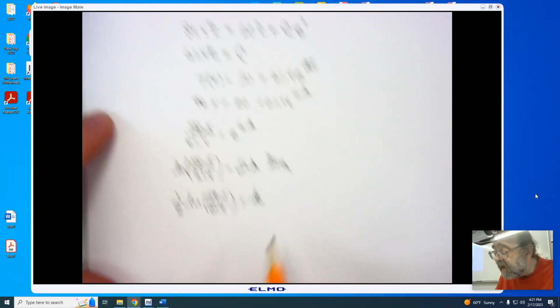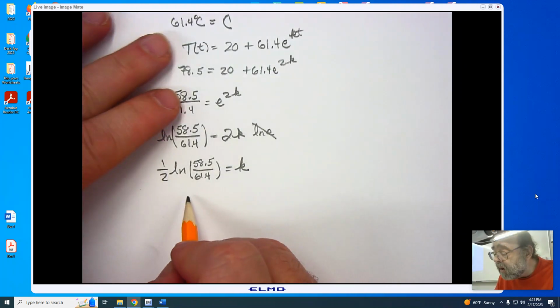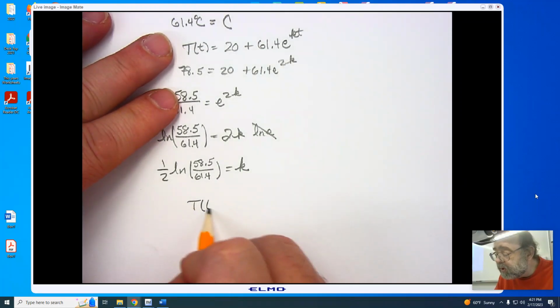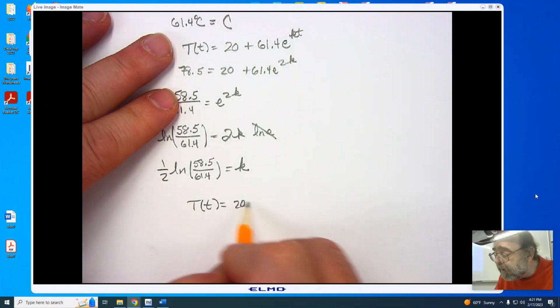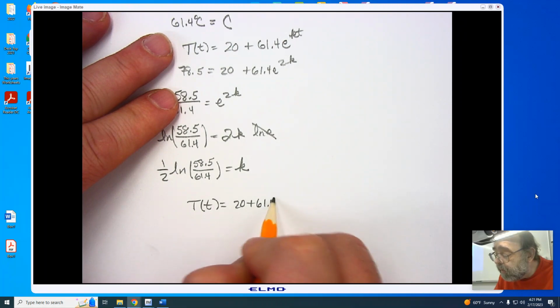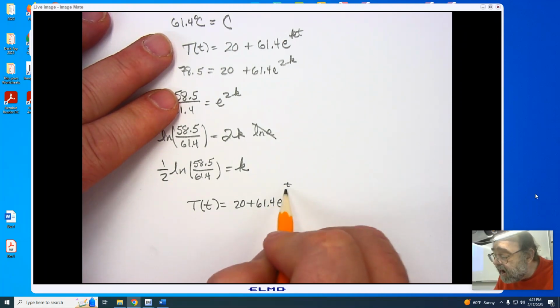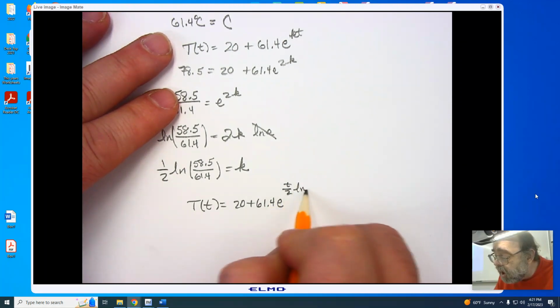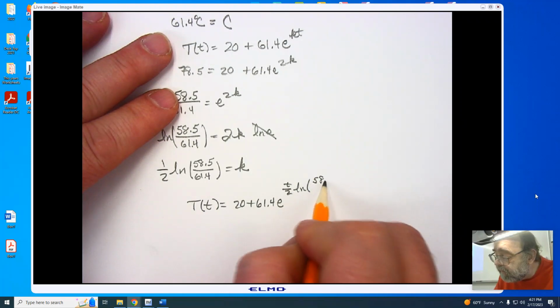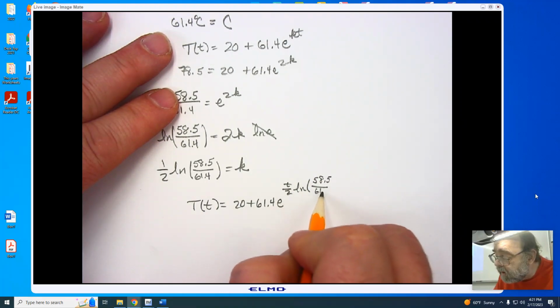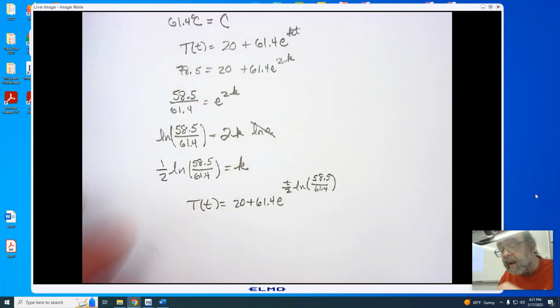This is k. We're now going to rewrite our equation. The temperature in terms of time is 20 plus 61.4 e to the t divided by 2 natural log of 58.5 divided by 61.4, the quantity.